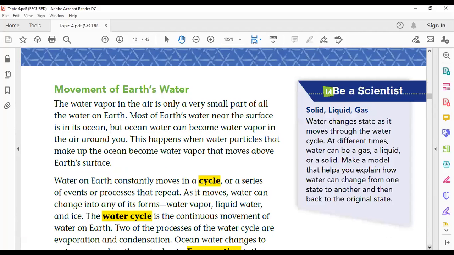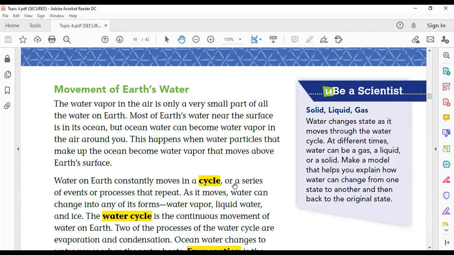Movement of Earth's water. On this page, we are going to talk about the water cycle. The movement of water on Earth is called the water cycle because water on Earth constantly moves. Water on Earth is not stopping, it's always moving in a cycle.